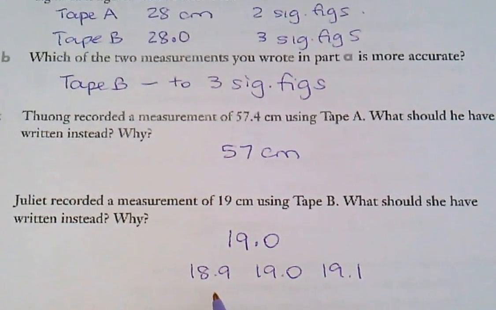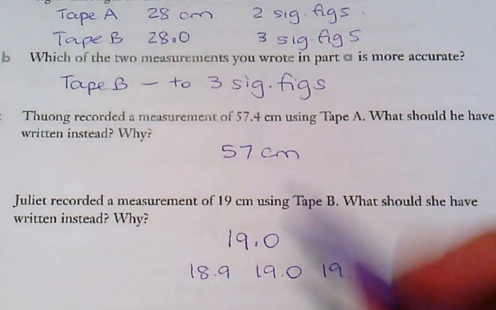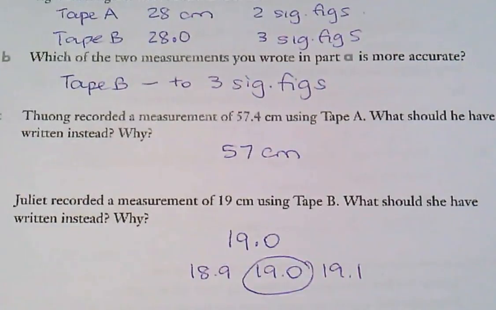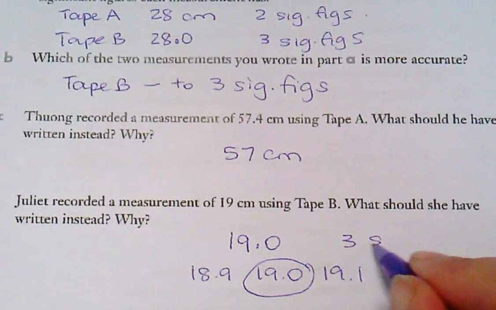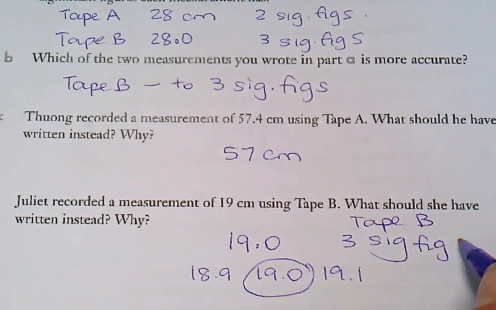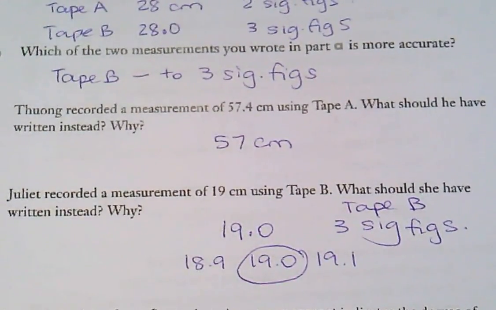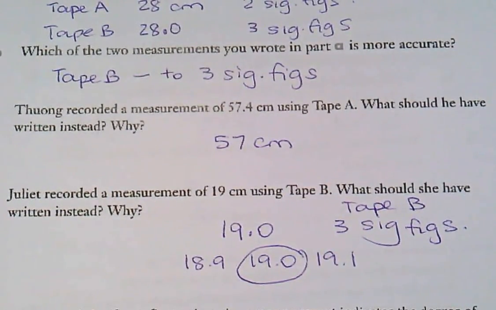She could tell it's not 18.9. She can tell it's not 19.1. She knows it's exactly sitting on that 19.0. It's because tape B can be read to 3 significant figures. Do you get it? Tape B, you can read it much more accurately than tape A.